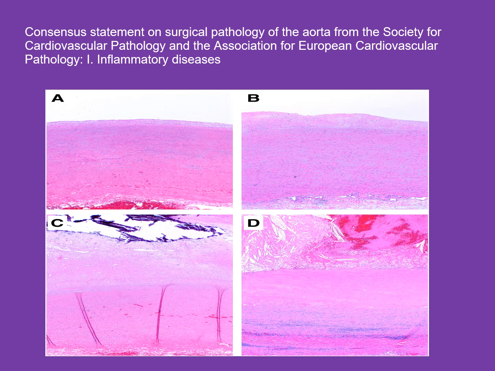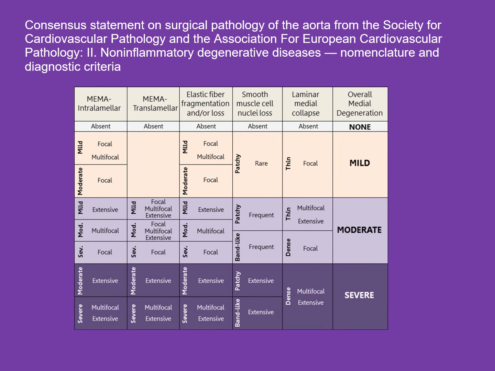showing here the different grading of your aorta. And of course, you have also the different stains here. You can do the elastic fiber, the smooth muscles for the trichrome, laminar collapse, and the extent of your medial degenerations, saying it's mild, moderate, or severe.